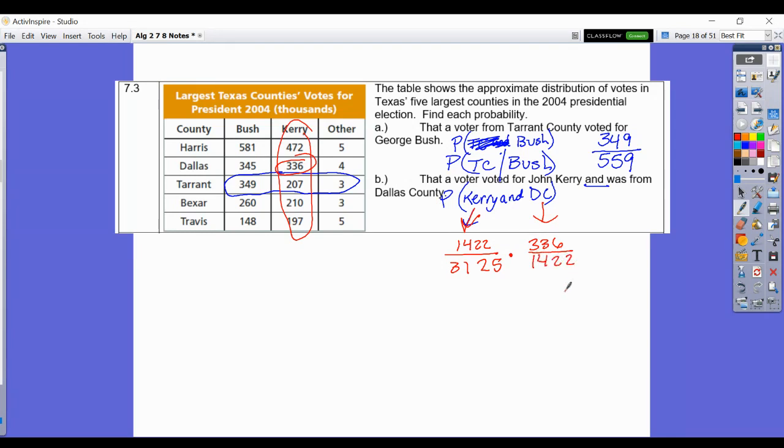So this one is the probability, given that we already know they voted for Kerry, how many of them are in Dallas County. So we just multiply these fractions. On big numbers like this, just go for the decimal, 0.108. So there's a 10.8% probability that they were from Dallas County and voted for Kerry.